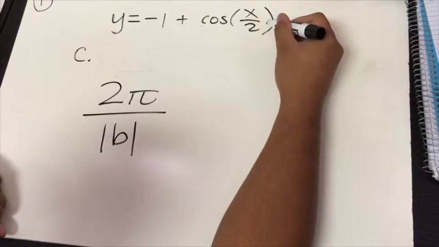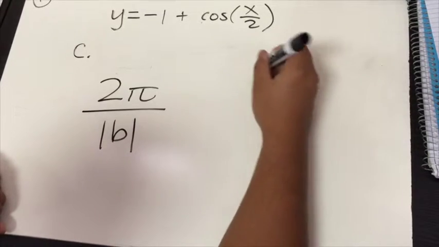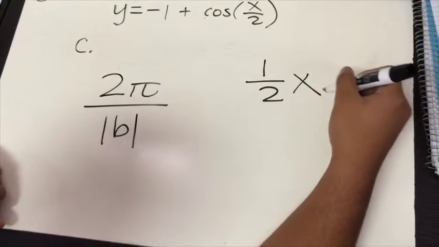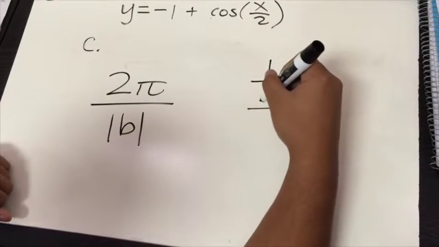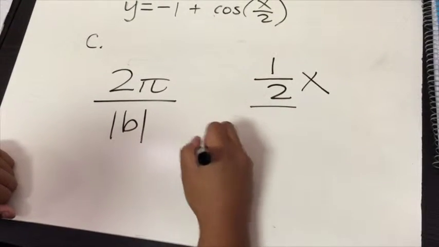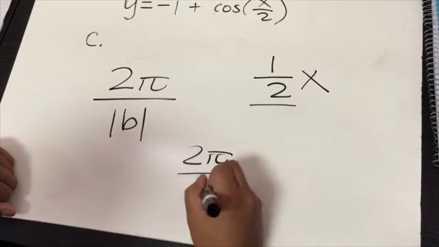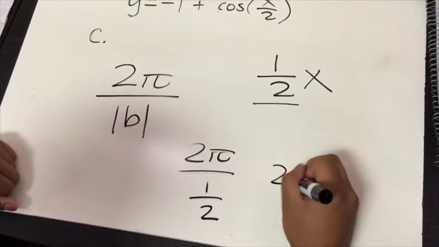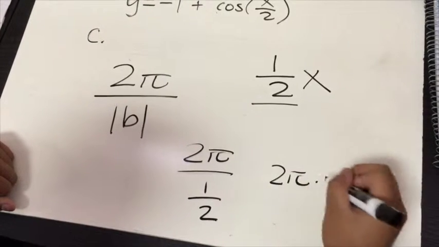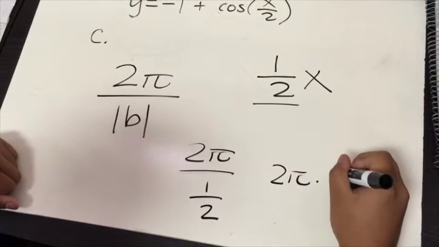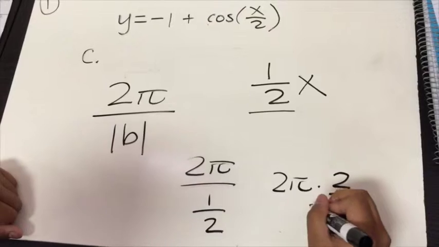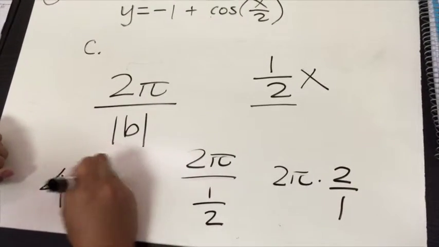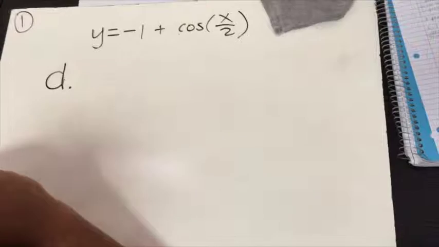So, like I said earlier, that is the same as 1/2 times x. So b equals 1/2. So we'll just do 2 pi divided by 1/2, which is the same thing as 2 pi times the reciprocal, because we're going to keep, flip, change, 2 over 1, which is just 4 pi. So the period is 4 pi.